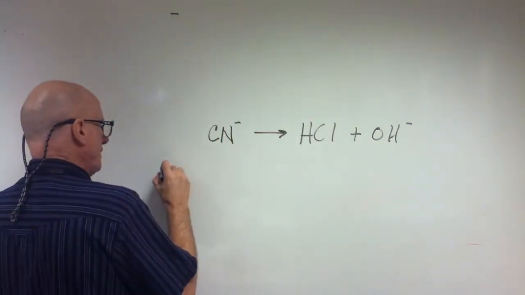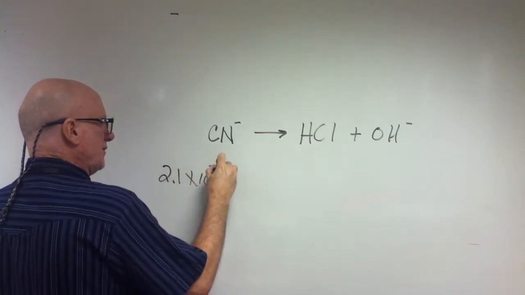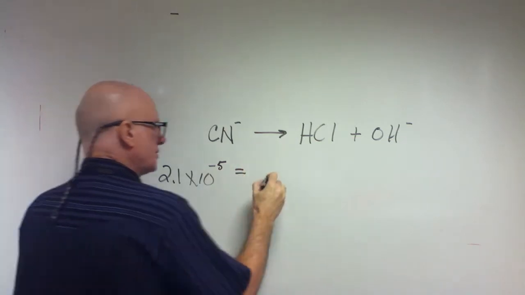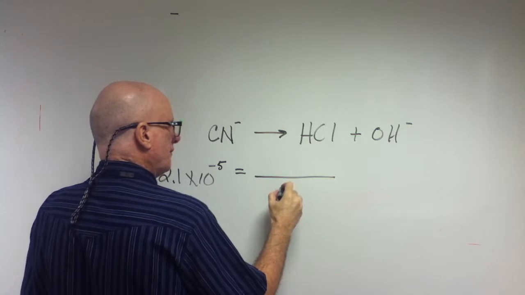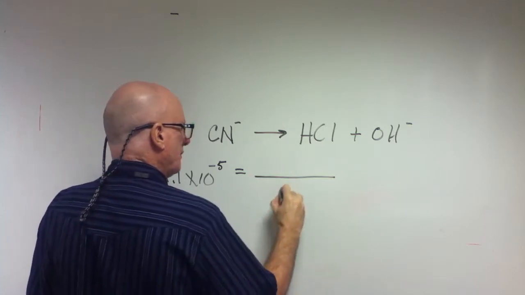And the Kb is 2.1 times 10 to the negative what? 5 equals what?